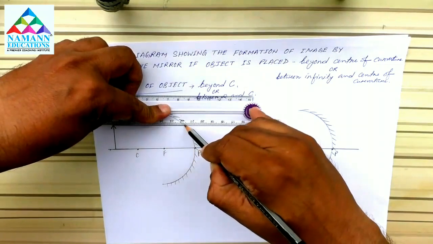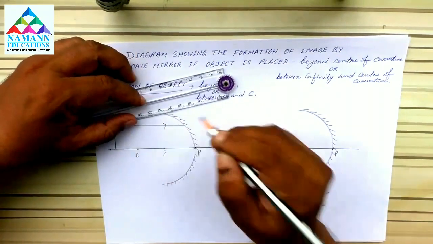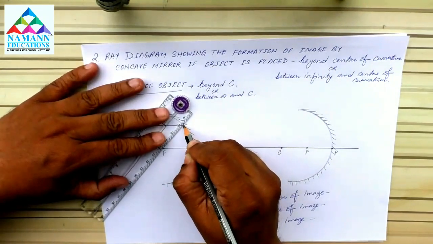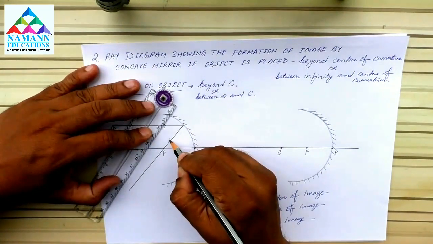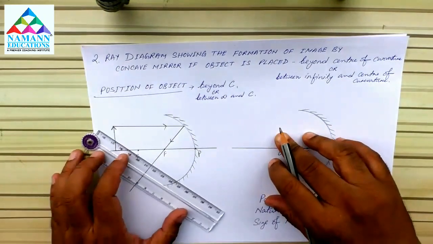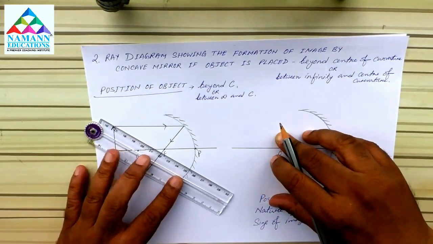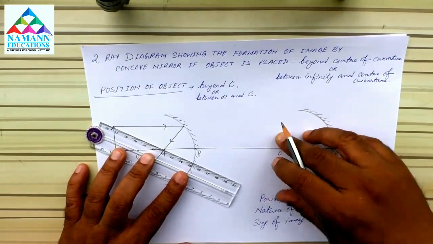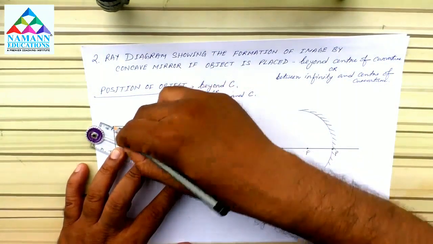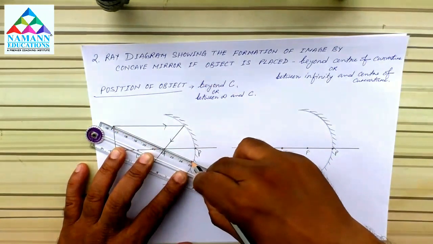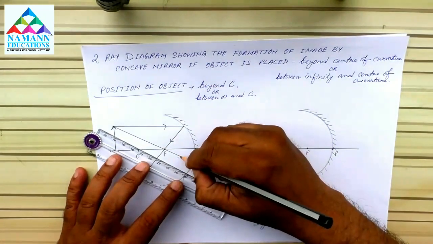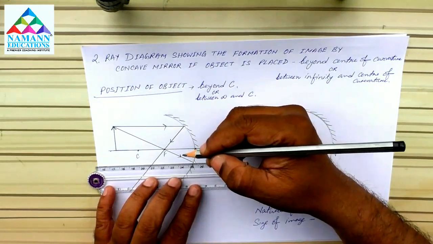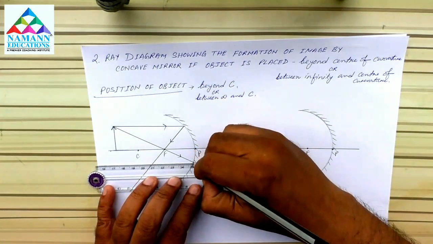We know what will happen to this light ray after reflection. After reflection, this light ray passes through focus. And again from the top of the object, a ray of light incident after passing through focus. And we know the rule, what will happen to this light ray. This light ray will become parallel to the principal axis.